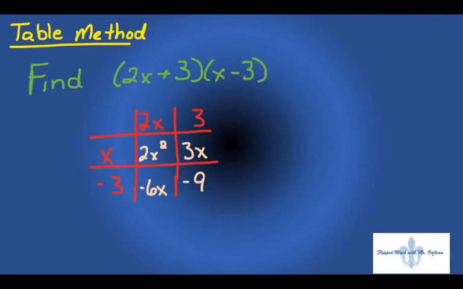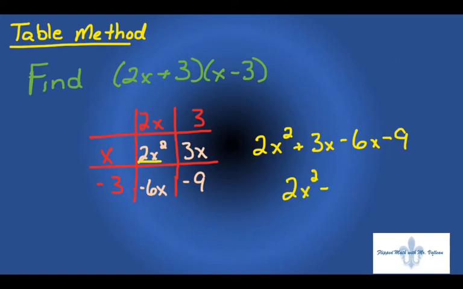We look at our highest degree monomial, the x squared, so we lead with 2x squared. Our second highest degree is just the x's, so we have a positive 3x and a negative 6x. And then our zero degree monomial is negative 9. From there we combine like terms until we end with 2x squared minus 3x minus 9.